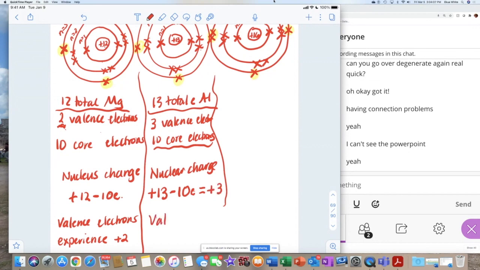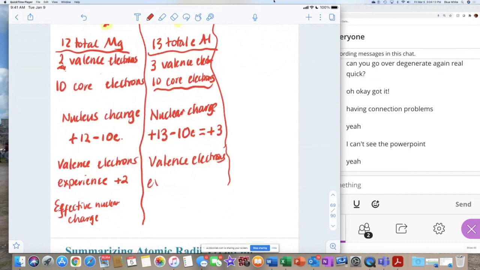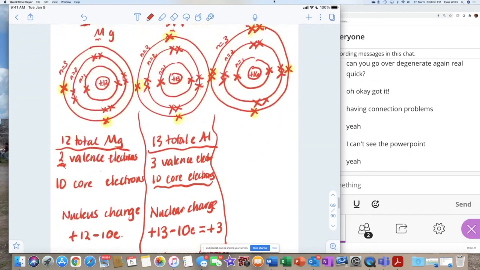So valence electrons here experience plus 3 effective nuclear charge. Whichever one you pick, they have the same effect, same experience, right? So I didn't even have to pick one in the end.